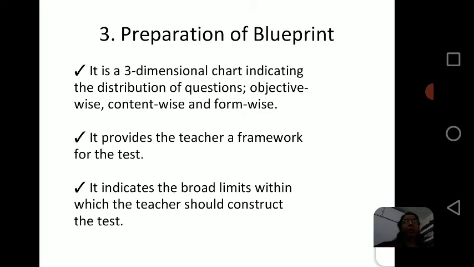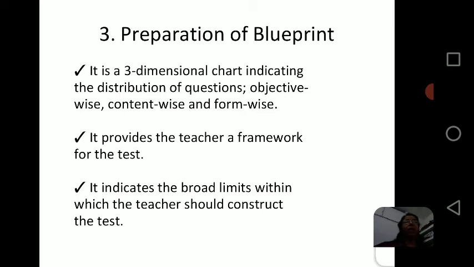The next step is preparation of blueprint. Based on this design, you have to prepare a blueprint. A blueprint means it is a 3-dimensional chart. You might be familiar with a blueprint of a house, like your home. Blueprint means a detailed plan.